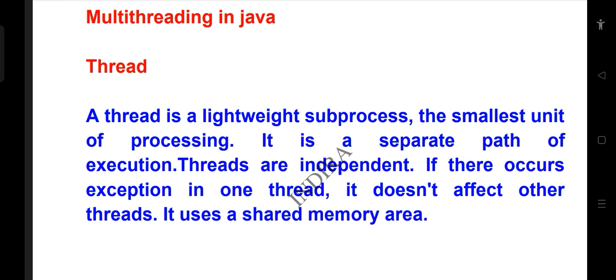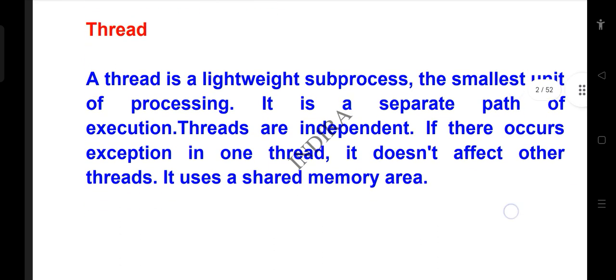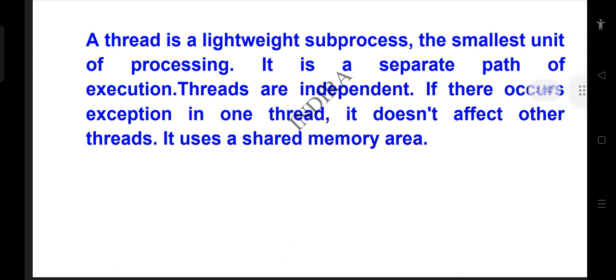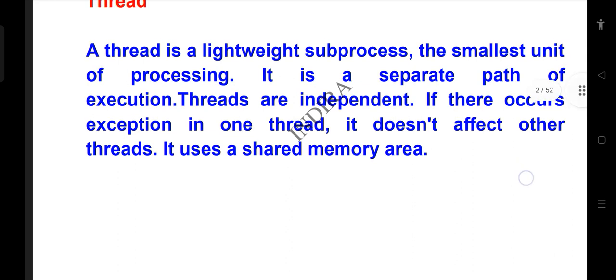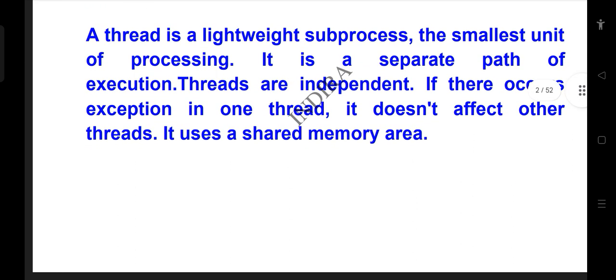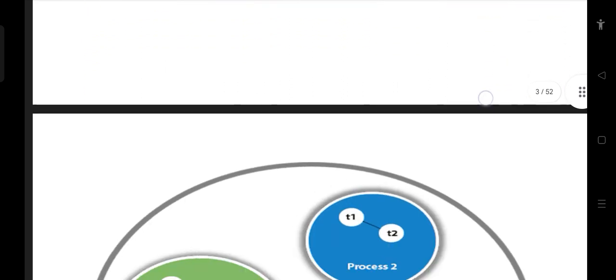If you use a thread in a Java program, then the execution is a little different from a simple Java program. And here threads are independent. They don't depend on other parts like classes, objects, or whatever. They are independent and don't affect others. Threads use a shared memory area. So this is the definition of the thread.